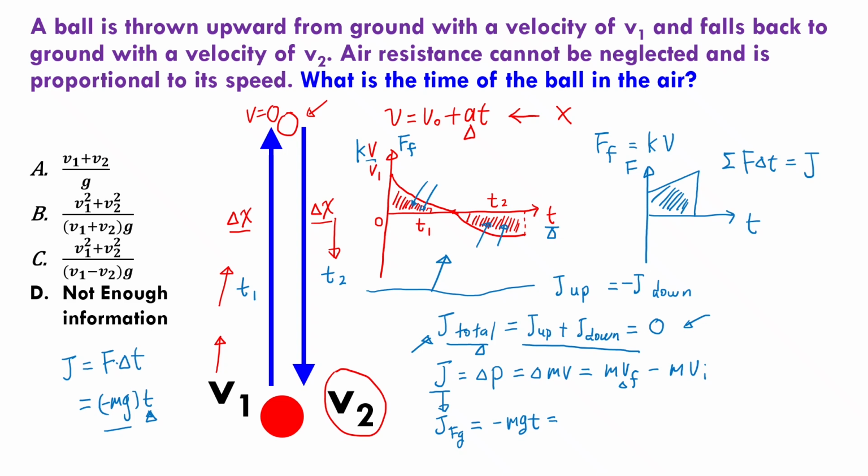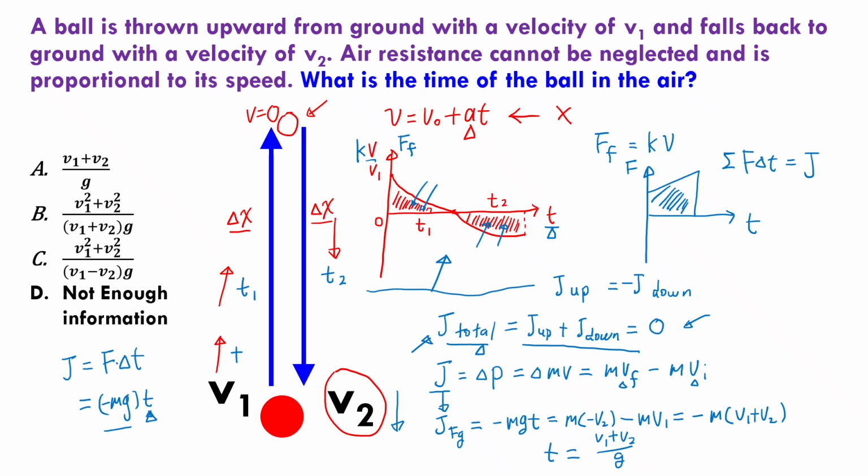Our final velocity is v2 going down, so it's mass times minus v2. And what is our initial velocity? It's v1 going up, so it's positive. Then minus mv1. If we simplify this, we have minus m times (v1 plus v2). Then our total time equals (v1 plus v2) divided by g.